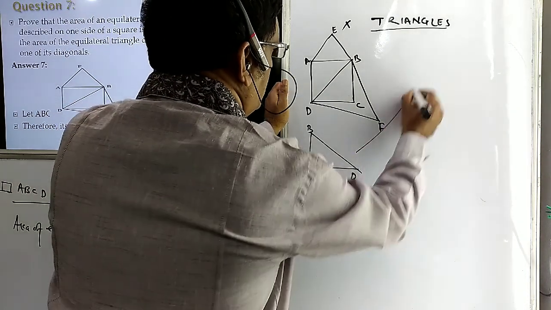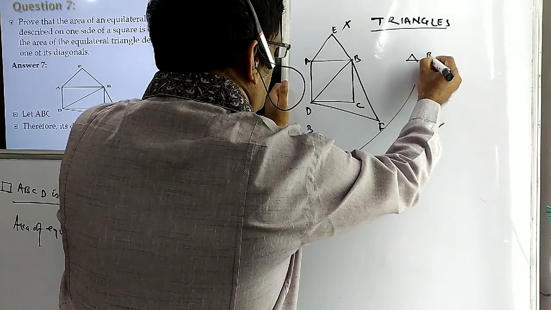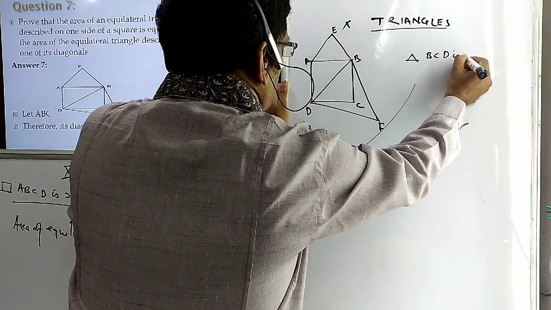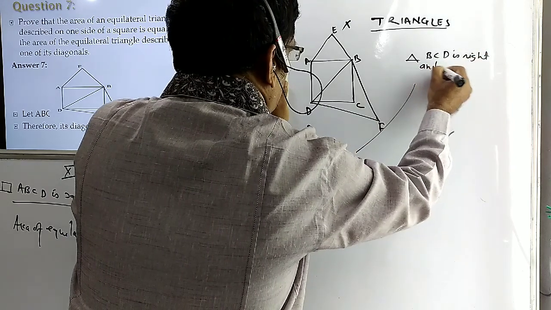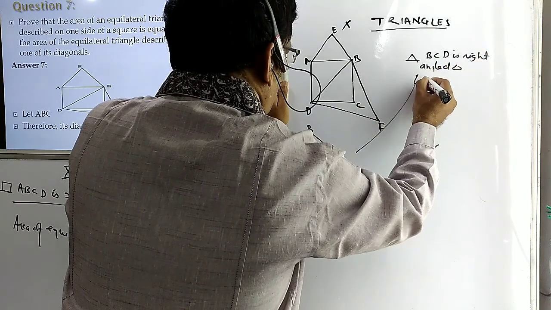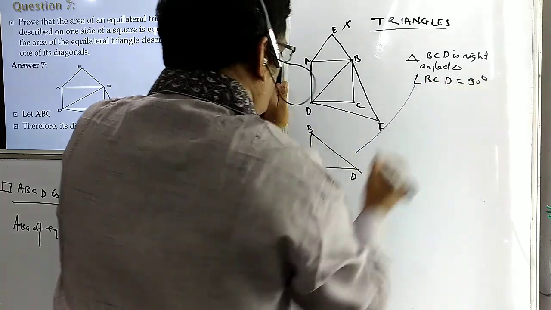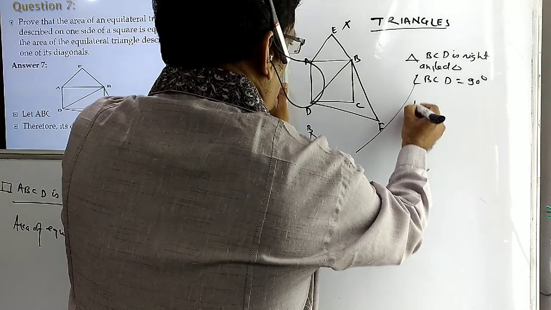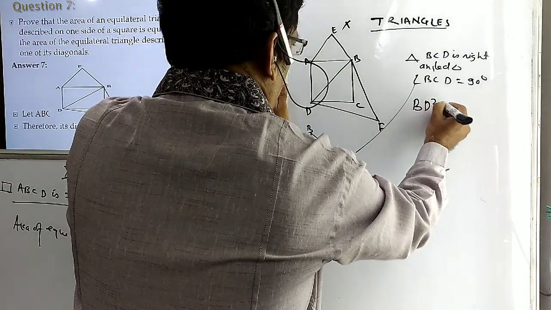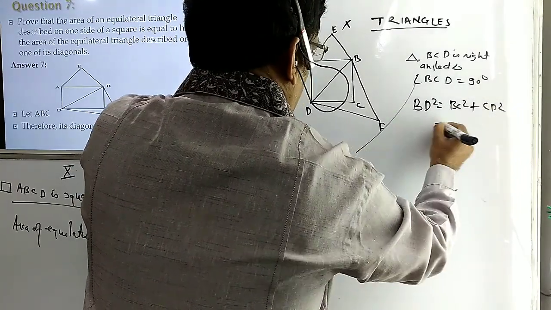Using this triangle, BCD is a right angled triangle with angle BCD equal to 90 degrees. So we can apply the Pythagoras theorem. BD square is equal to BC square plus CD square.